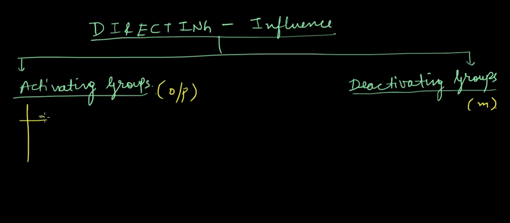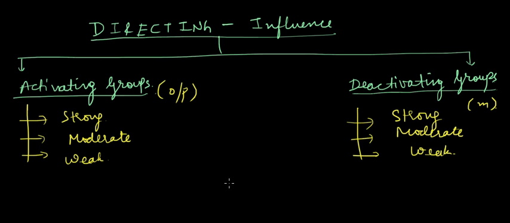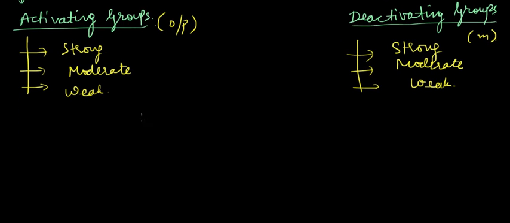Okay, we'll again classify activating groups into 3 subcategories as strong, moderate and weak. Similarly, we can also subclassify deactivating groups as strong, moderate, and weak.